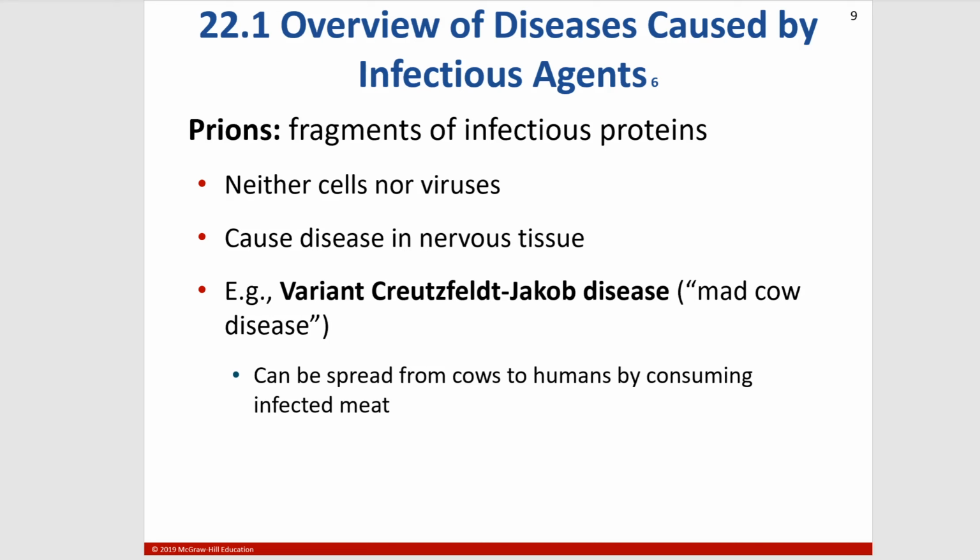And also the protein can break into pieces, and each one of those does something to the cell. For the most part, the prion diseases really are of the brain, which is kind of unusual. Something called Creutzfeldt-Jakob disease in humans, which is kind of similar to mad cow disease in cows.